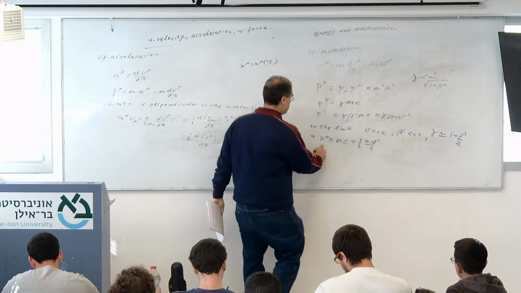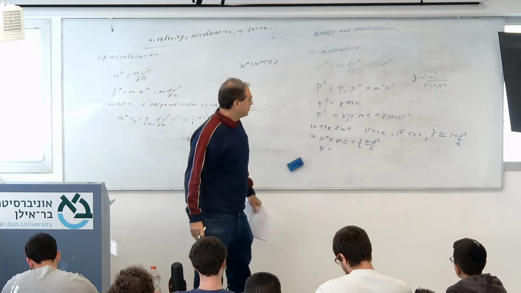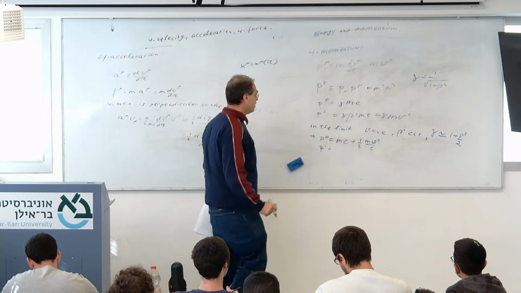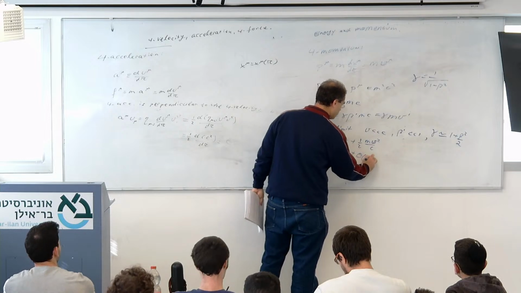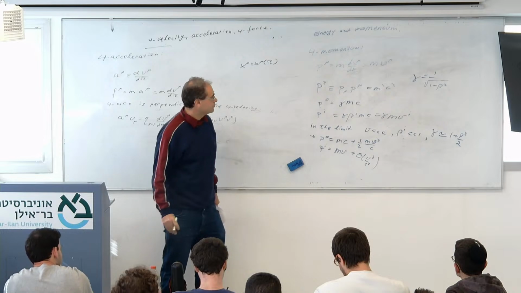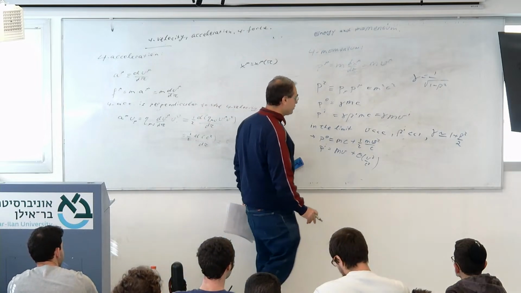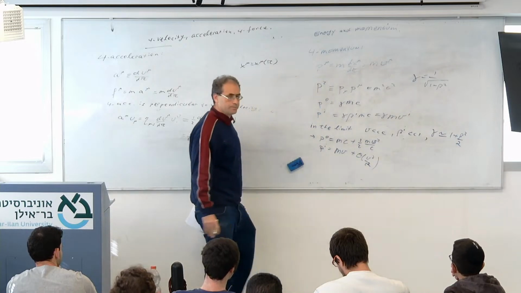What is p^i? It's m v^i plus O of v cubed over c squared. That's very small.